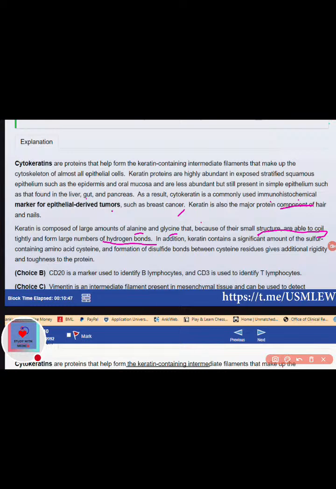So, if you want your hair to be good, take a lot of alanine and glycine.